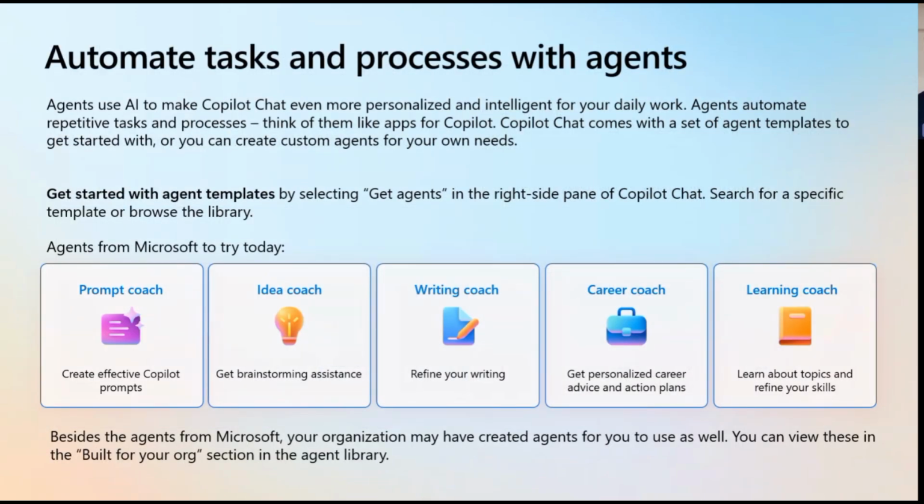Okay, so we've seen how to use Copilot to modify data. We've seen how to use Copilot to get the best out of the web grounding search. We've seen how to get effective prompts.